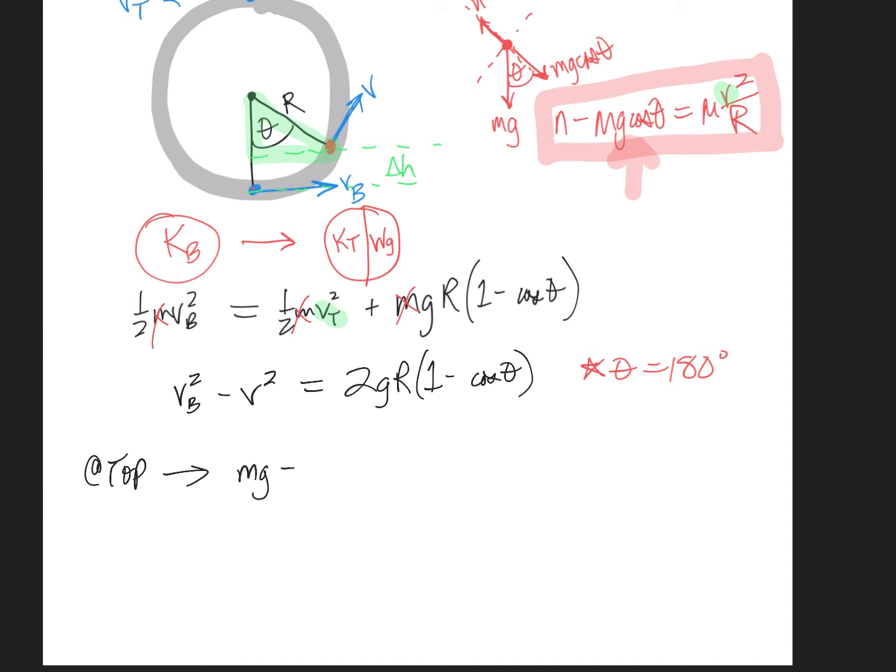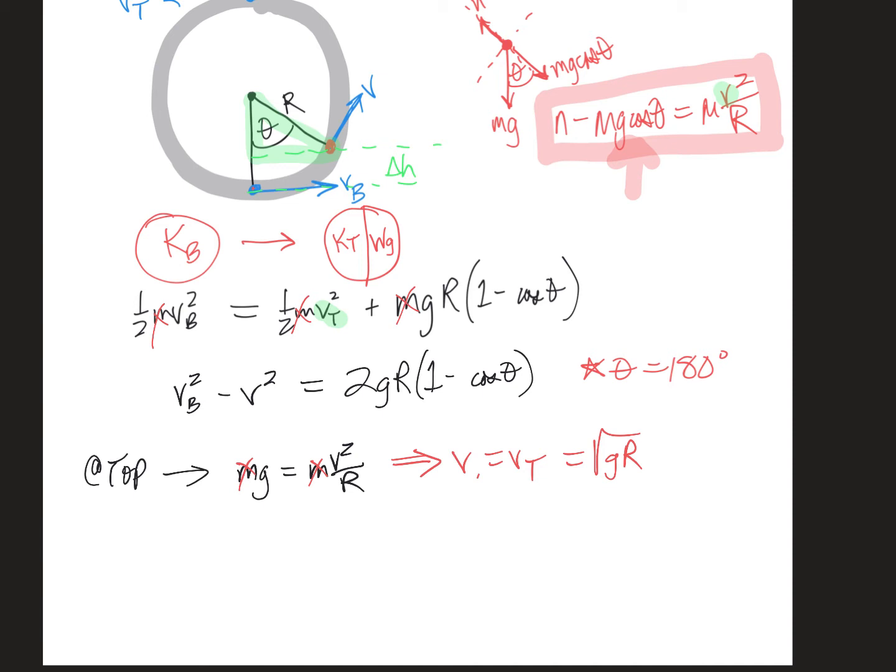The weight of the skater has to be mv squared over r, which of course means that at the top, v, which is vt, has to equal square root of gr. We've seen this before, 2gr, gr. It's always part of this kind of circular motion, or some fraction of gr, or multiple of it, be it bigger than 1 or less than 1.